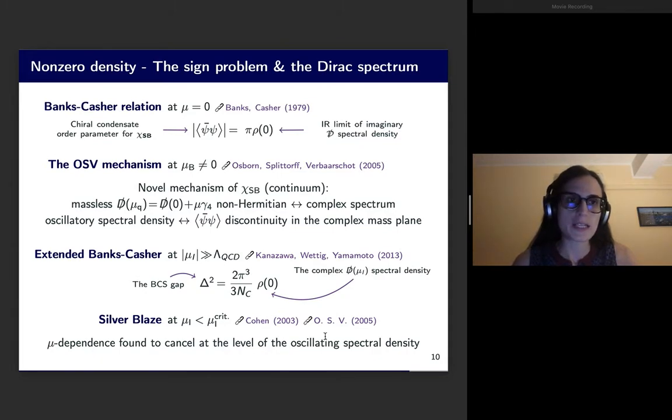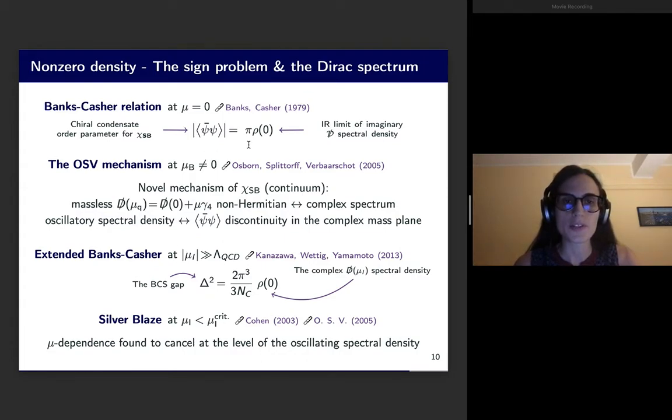One more slide about the connection between the sign problem and properties of the Dirac spectrum. Why is that important? Because we have already established at mu equals 0 that we can build a relation connecting the order parameter for chiral symmetry breaking, which is the chiral condensate, and the infrared limit of the imaginary spectral density of D slash.